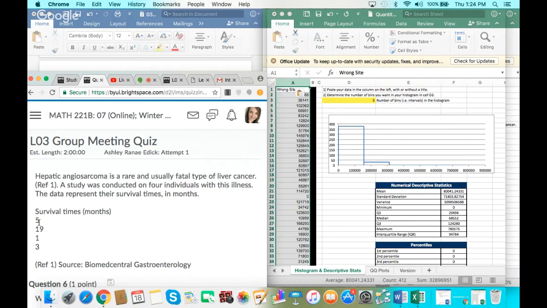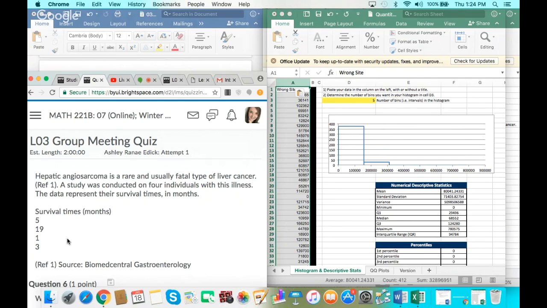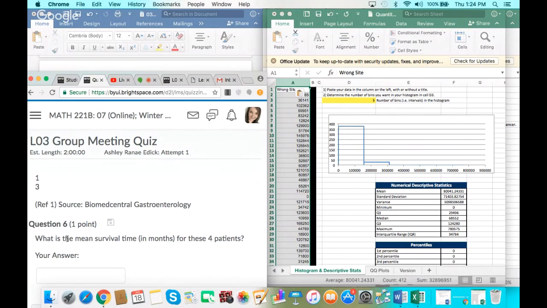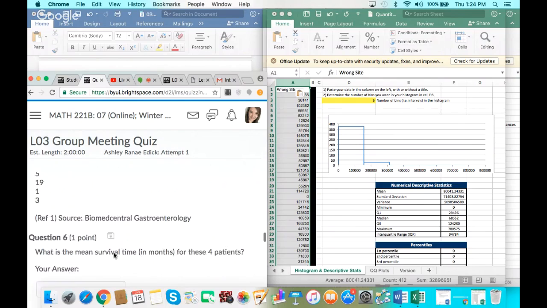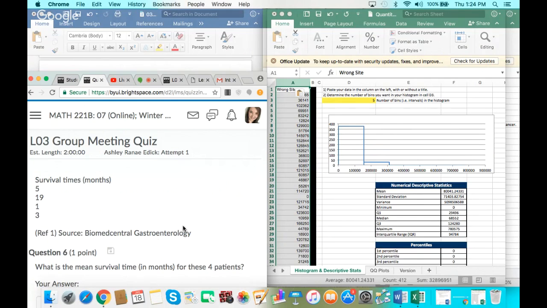Is that what that's saying? Yeah. And this person lived for 19 months. Right. And the other one, and 3 months. What is the mean survival time in months for these 4 patients? It would just be those 4 divided by 4, right? Yes.